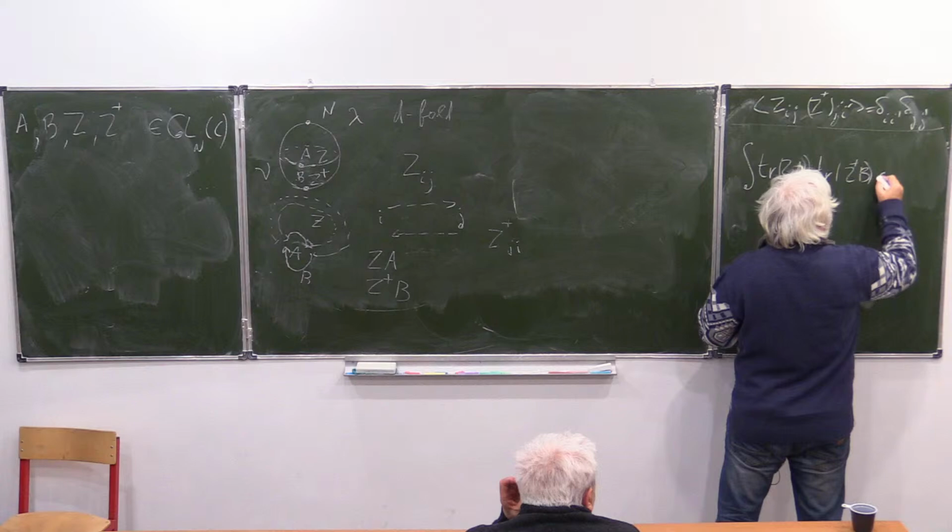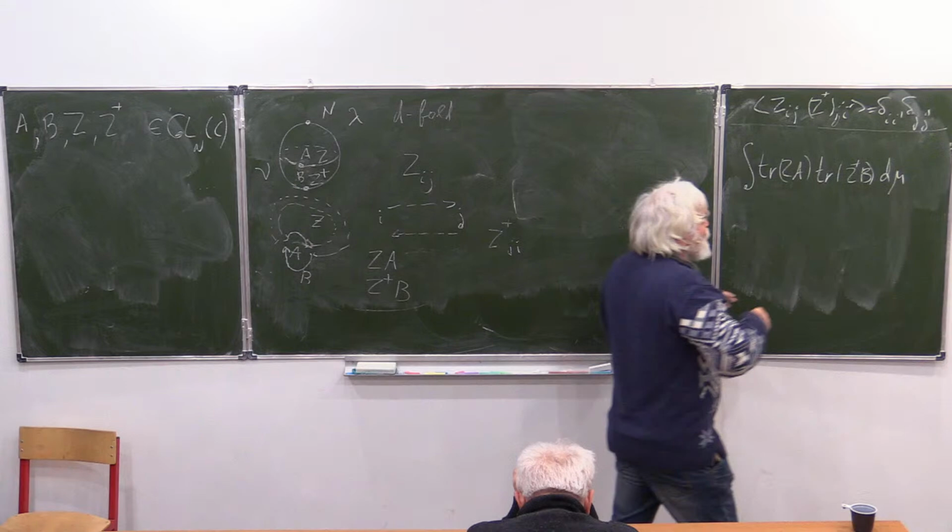Mu is the product of all matrix elements. One can calculate it and get the answer that it is trace AB. Just calculate and obtain.